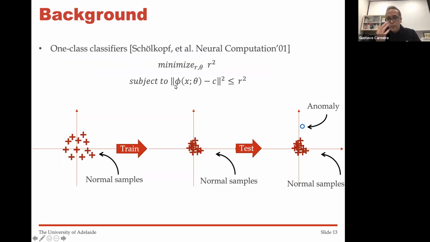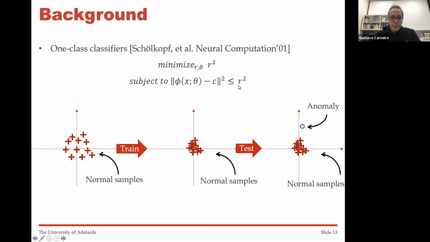So there are many ways to solve anomaly detection, and I will talk about two ways, which are the ways that I usually use to solve the problems that we'll talk about next. One particular technique, which was proposed in 2001 and is still used today, is the one-class classifier. In this problem, you take the normal samples that you see here, and you try to learn two things.